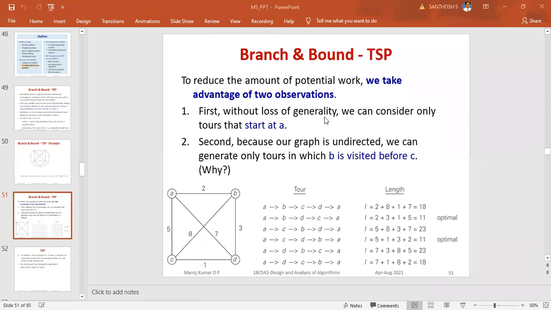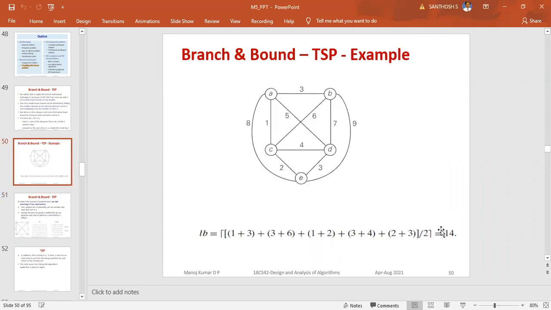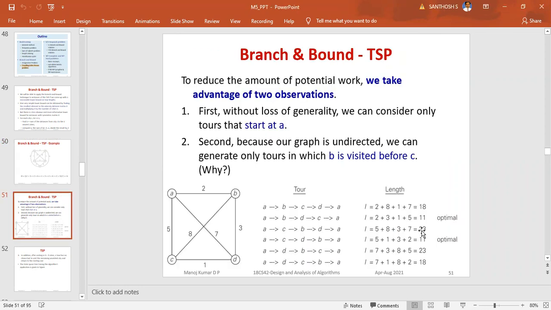First, without loss of generality, we can consider only tours that start at A. So now you have got the lower bound. How much is the lower bound? It is 14. To reduce the amount of work, we take advantage of two observations.